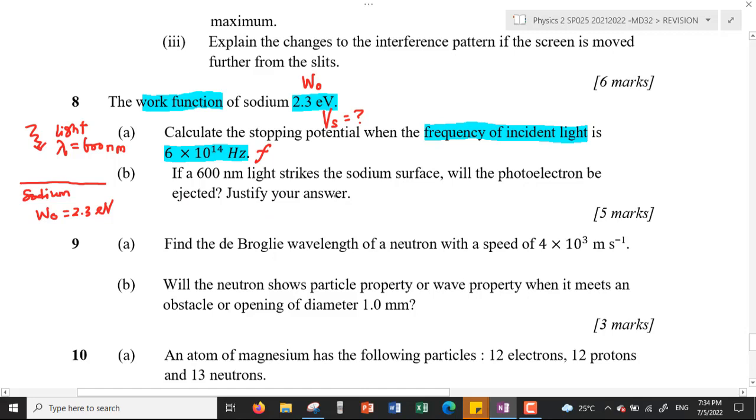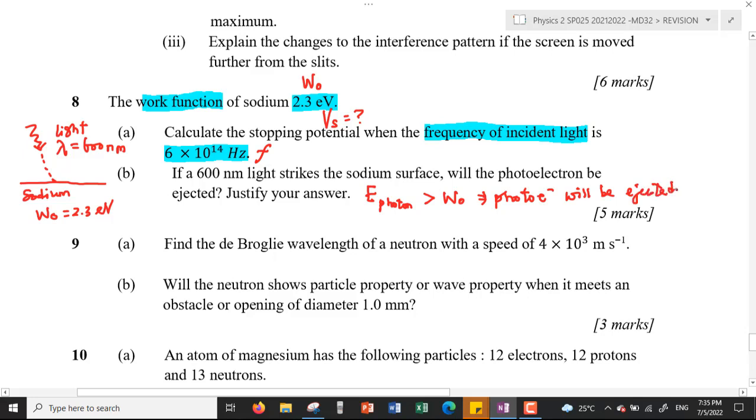Justify your answer. So the question asks you, when the light strikes on the metal surface, is there any photoelectron ejected, being emitted? So we understood that in order to eject an electron from the metal surface, the energy of the photon, the incoming light, must be greater than the work function.